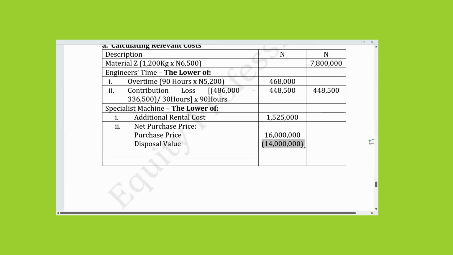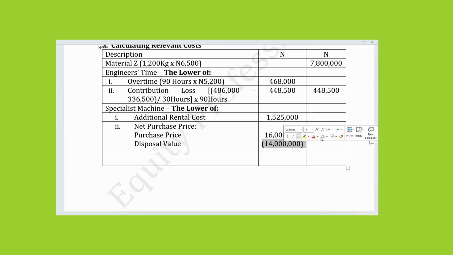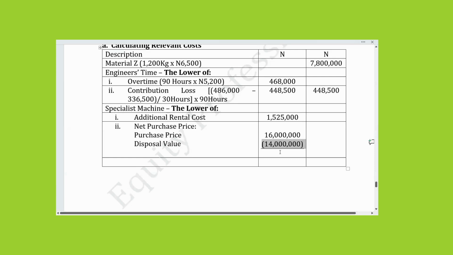Let me underline this. So 2 million. We then compare this 2 million with 1,525,000. Whichever is lower is what we are going to select.